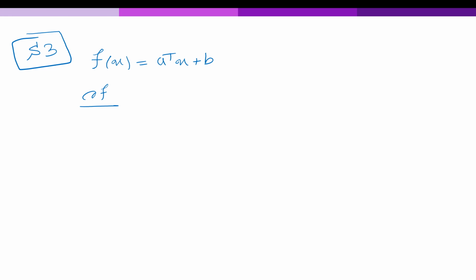The derivative of f with respect to x is a, and the second derivative of f with respect to x is 0. We needed that to be greater than or equal to 0, but it's equal to, again based on the explanation I gave you in the previous slide.